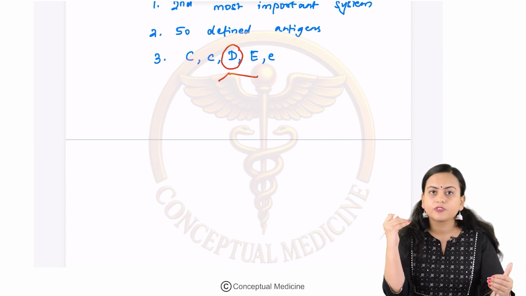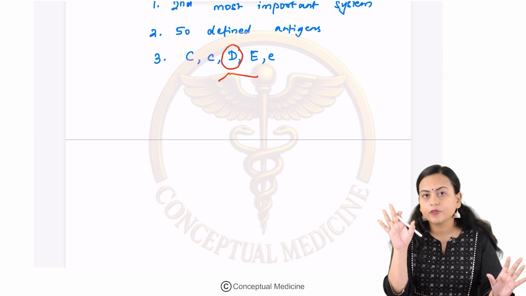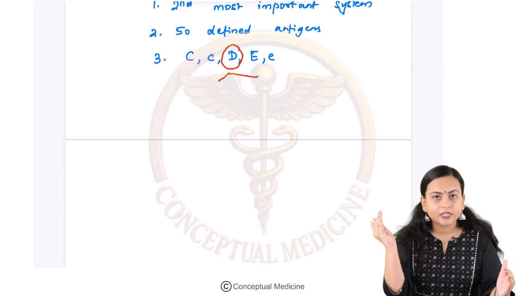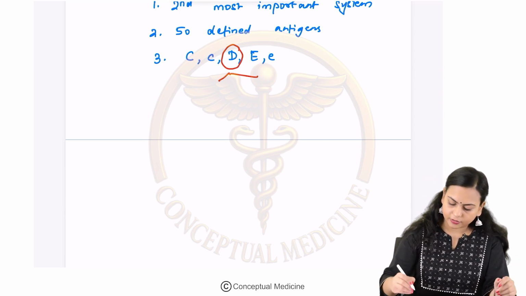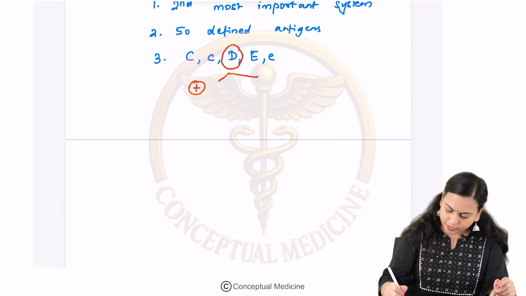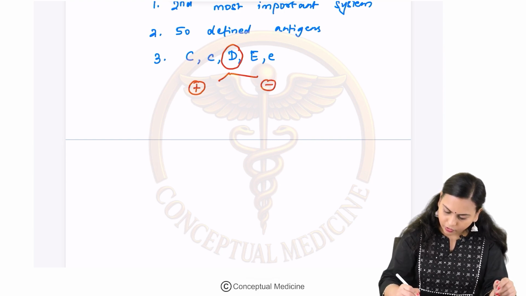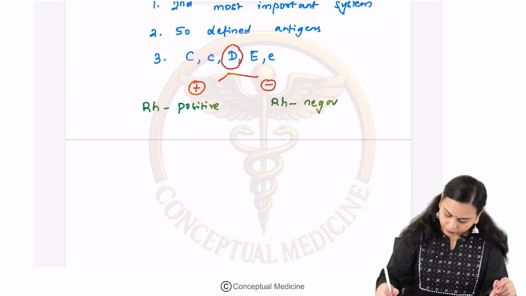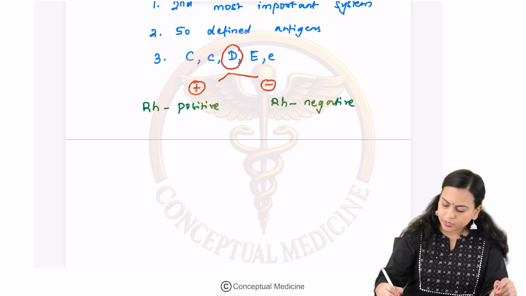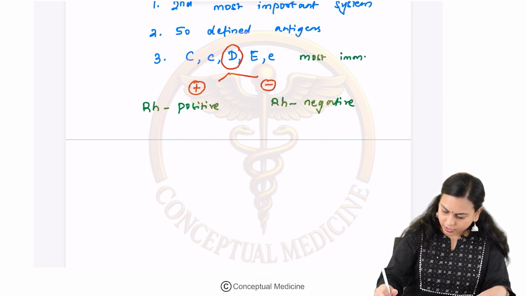Suppose she doesn't have the D antigen, then she will be called rhesus D negative, that is, an Rh negative mother. And remember, D antigen is the most immunogenic antigen.